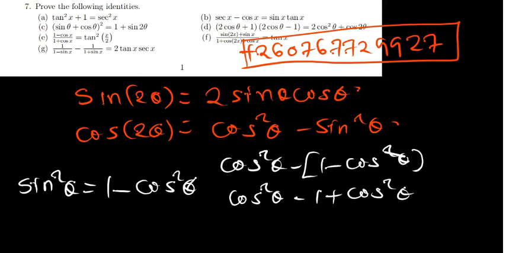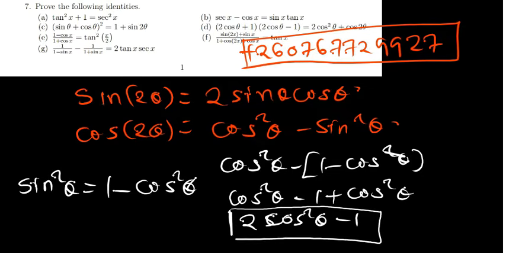Cos squared and cos squared gives us 2 cos squared theta minus 1. So again, cos 2 theta can also be replaced by this. This is another identity for cos 2 theta. Again, you can do the same if you want to make cos the subject of the formula, and you will come up with another identity. But for now, we have come up with this. I think we can solve C. Let's see how we can prove C.